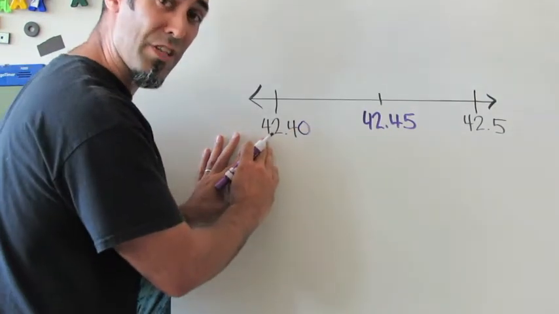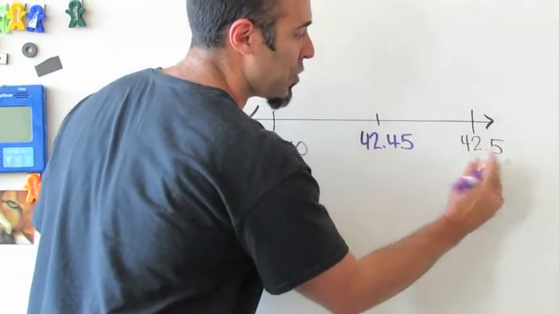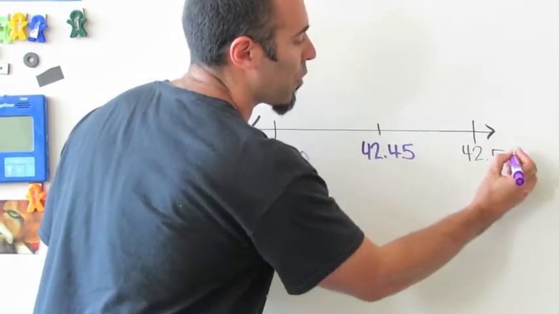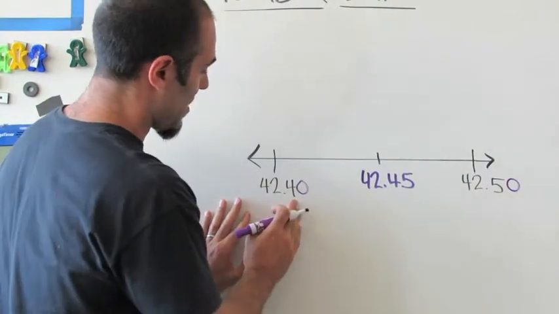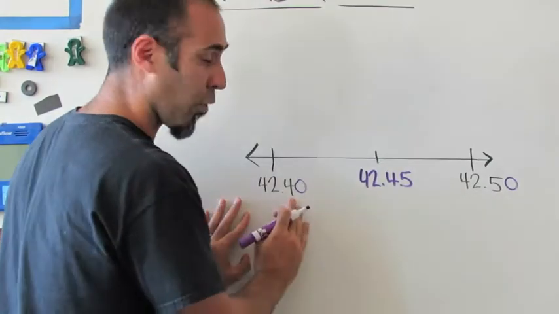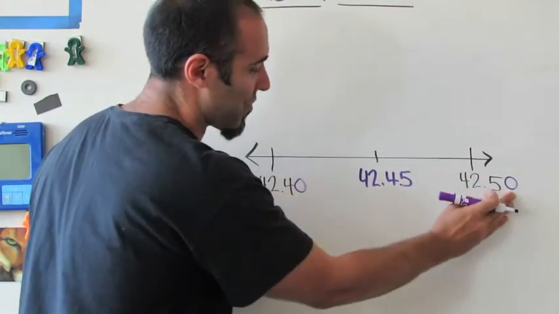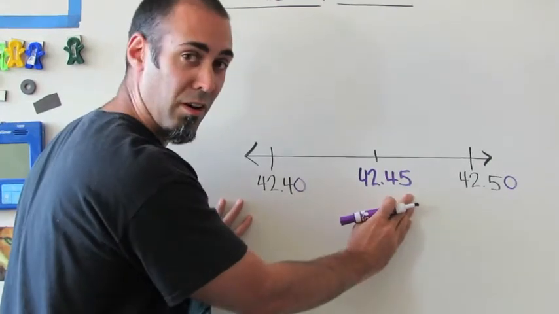So another way to say that is 42 and 40 hundredths. On this side, we have 42 and 5 tenths, or 42 and 50 hundredths. There's 10 hundredths between here and here. 40 hundredths plus 10 hundredths is 50 hundredths. Therefore, the midpoint is 5 hundredths further along.